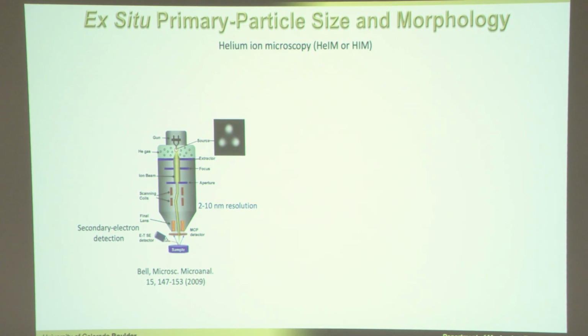Okay, and then we have, let's see, which one is this? Oh, helium ion microscopy, where instead of using electrons, you can use helium atoms. And that can give you information that's a little bit different from TEM in that you're now sending a bigger particle and slamming it into your sample, right? And then looking at it reflect.